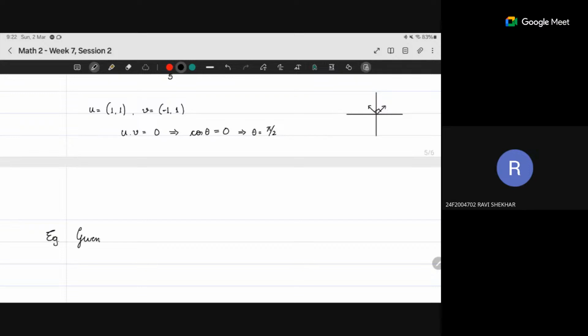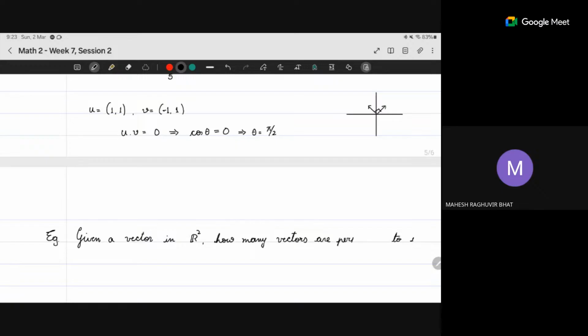Given a vector in R2, how many vectors are orthogonal to it? You mean vectors passing through the origin? Yeah, vectors always mean that.